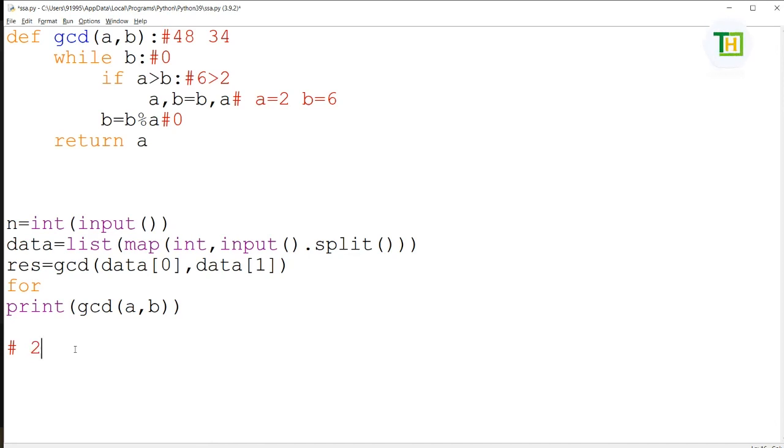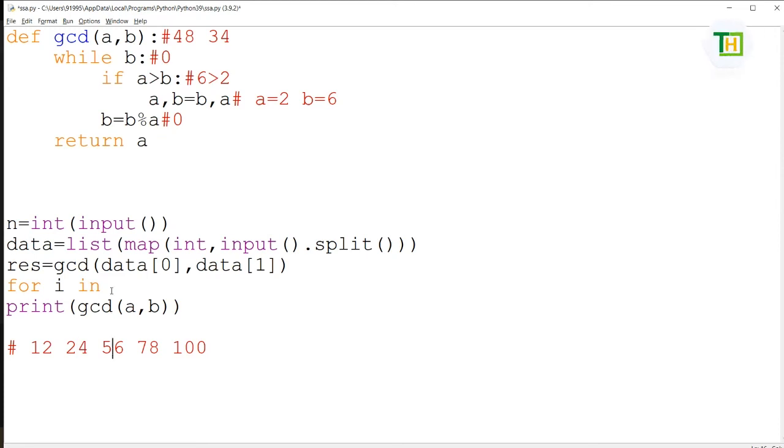Clear, everyone? Okay. And I'm going to find result is equal to GCD of data of 0 and data of 1. That means I'm finding this value and I have to go on with this value. For that, I'm going to write for I in array. There is no need to start from this position, right? This position is 0, this is 1, and this is 2.